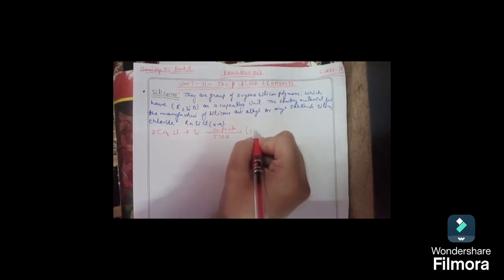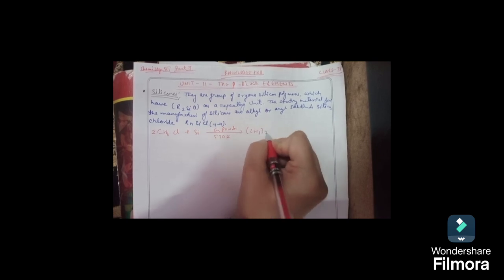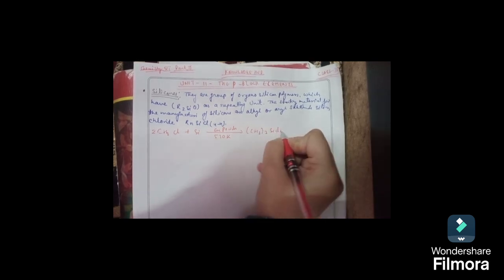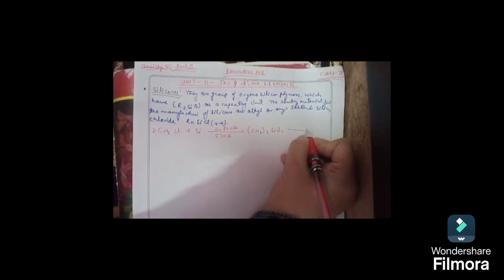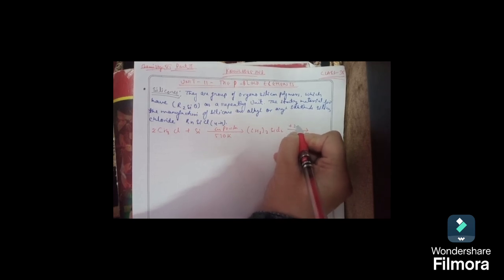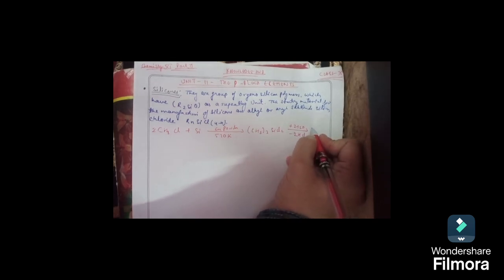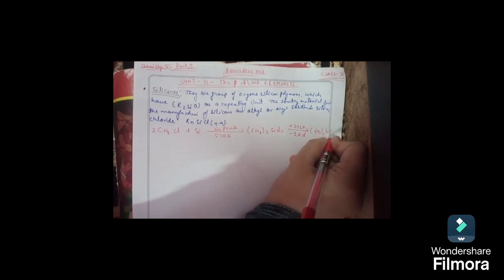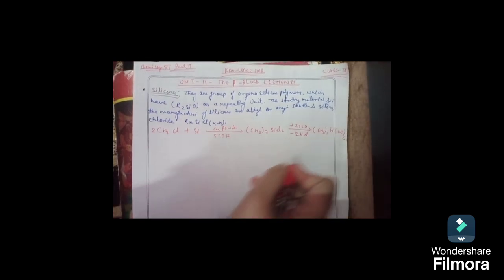It forms (CH3)2SiCl2. In the presence of 2H2O it releases 2HCl, giving (CH3)2Si(OH)2.